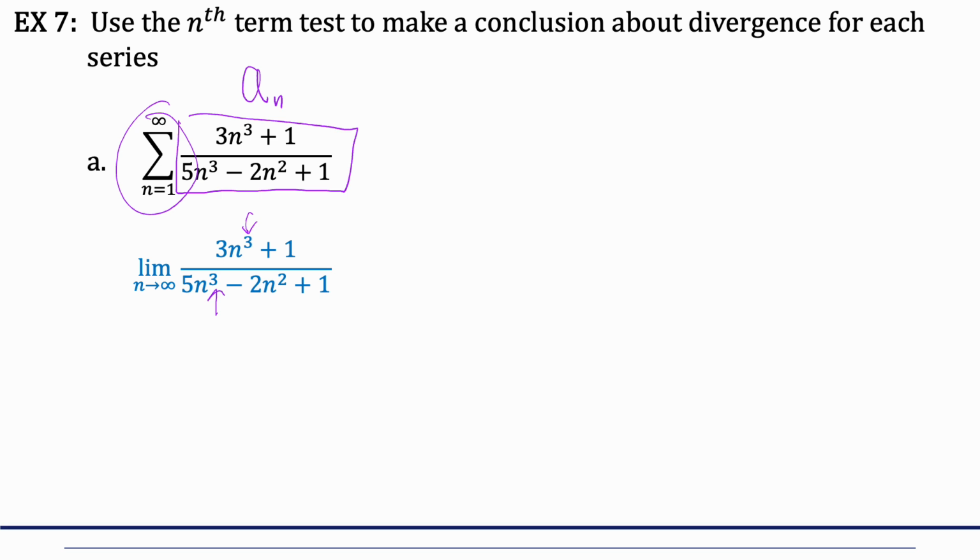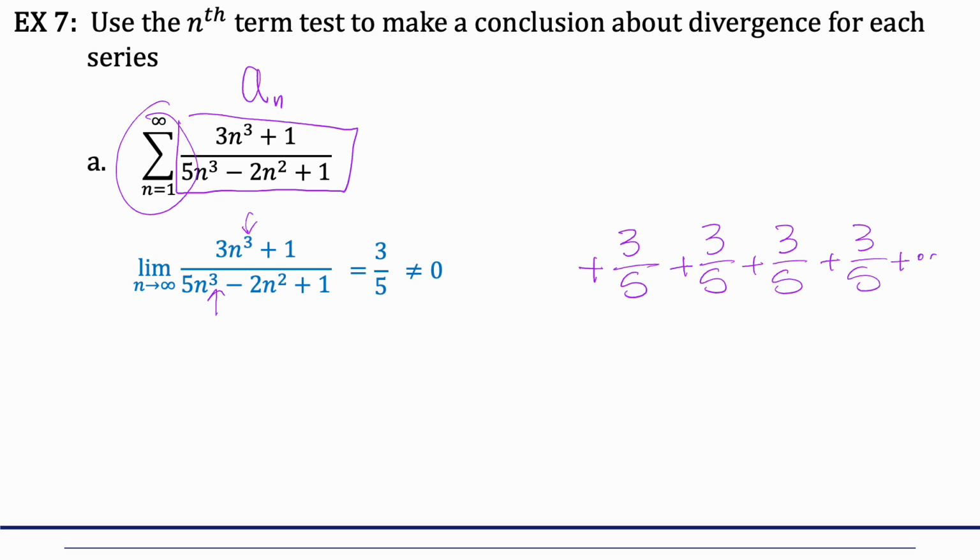So the limit goes to 3/5. That's not 0, because what we're saying is at the end of a series, we're adding basically 3/5 over and over and over again to infinity, which means the addition of all those is going to keep growing and growing and growing. So this series diverges by the nth term test because 3/5 does not equal 0.